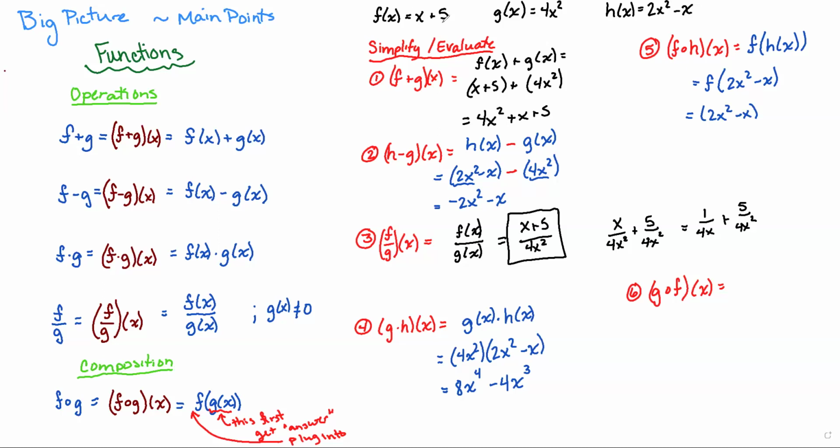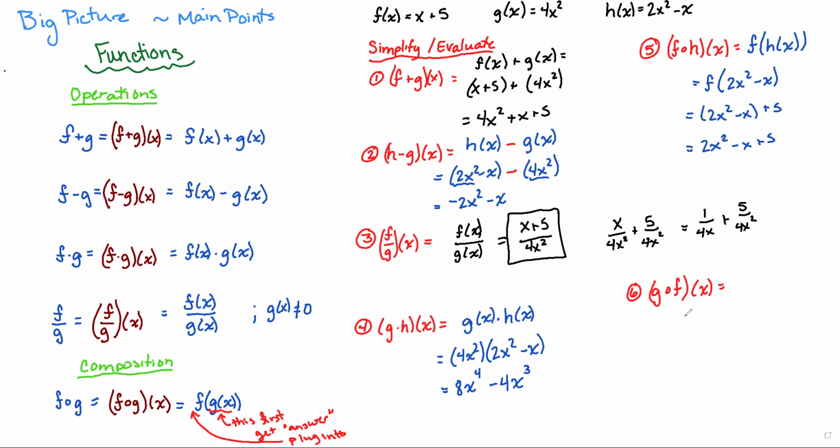And then I still have the rest of the expression, which is the plus 5. And now I didn't really need those parentheses, so my actual answer is going to be 2x squared minus x plus 5. And that is f of h of x, meaning I took the h function, I plugged it into f, and it simplified down to 2x squared minus x plus 5.